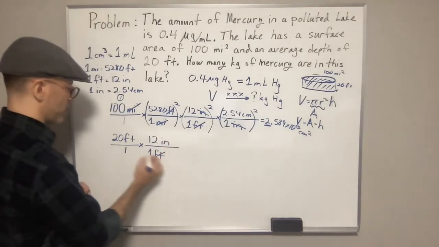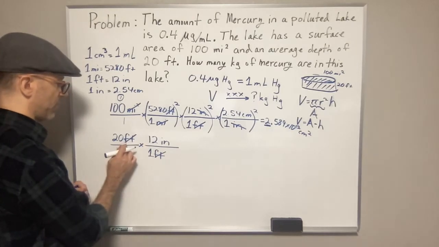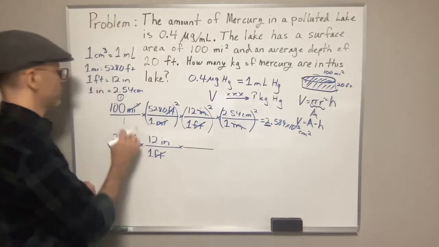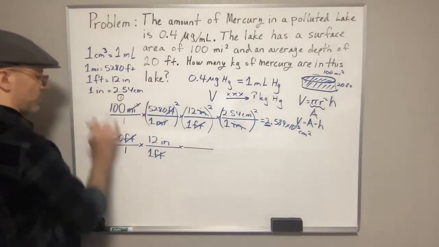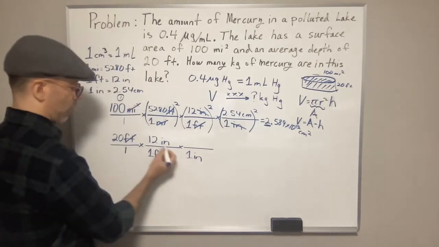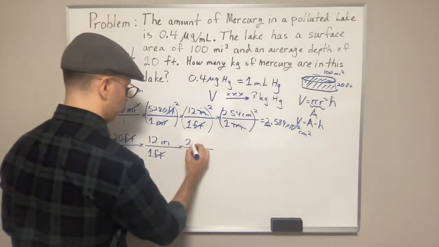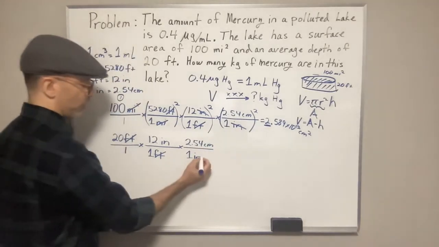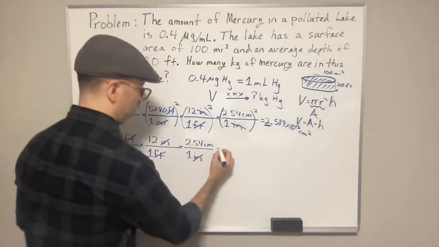Feet are on the bottom because I want to cancel out feet on top here. Now I have inches. And then I do another conversion factor because I want to get centimeters. So 1 inch is on the bottom because I want to cancel out inches, and 2.54 centimeters is on top. So inches cancels out. Now I have centimeters.